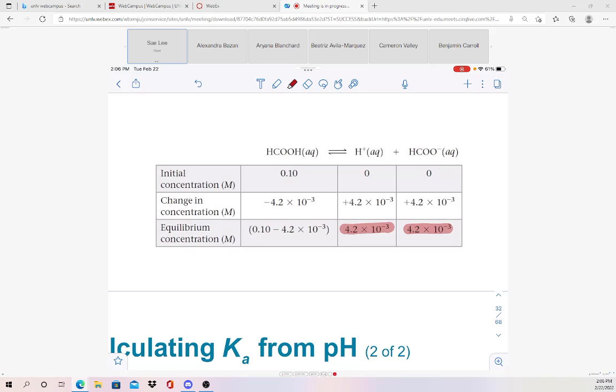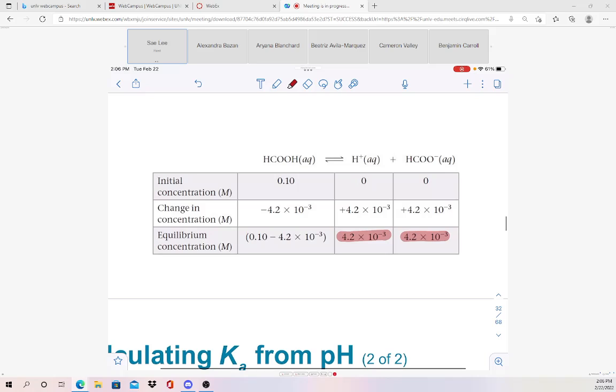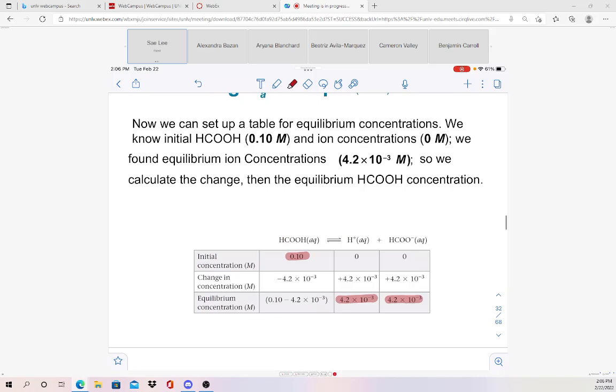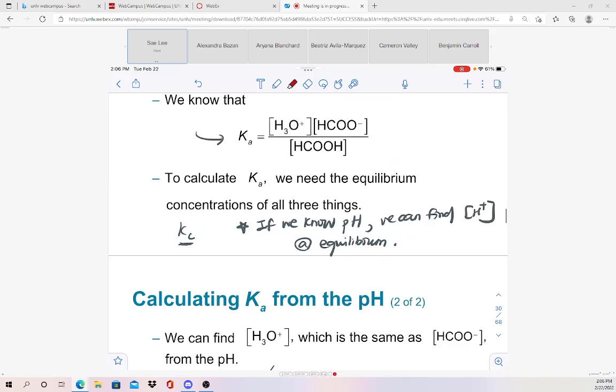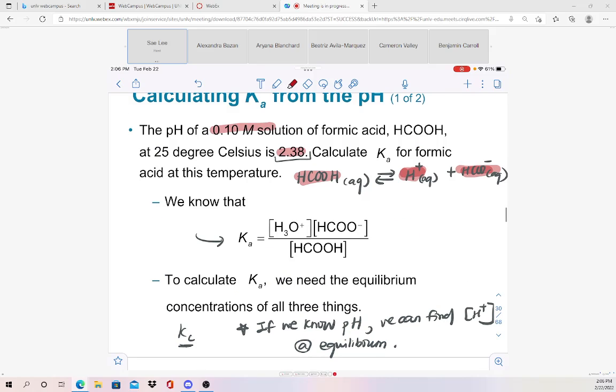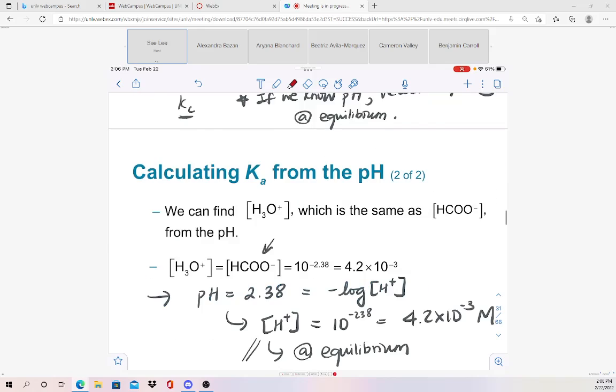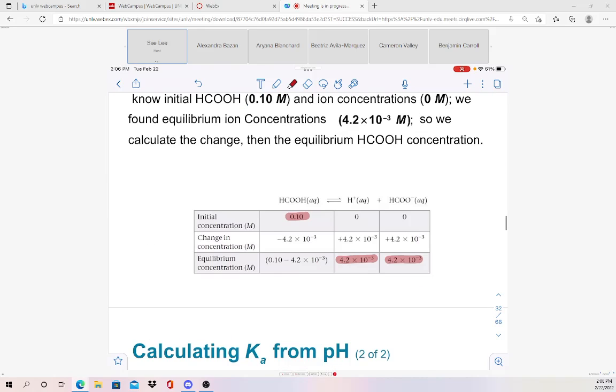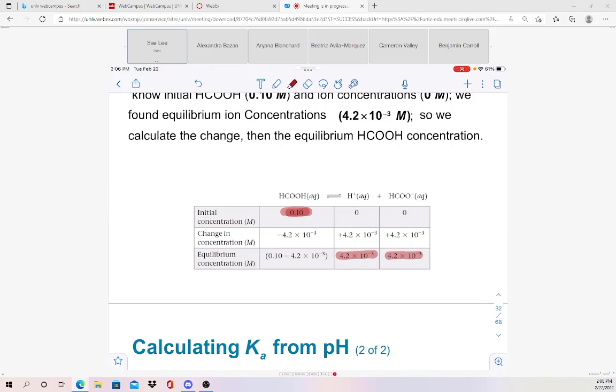The initial concentration was already provided in the question: the pH of a 0.10 solution of formic acid, so the initial reactant concentration is 0.10 molar. These three are what we already know.